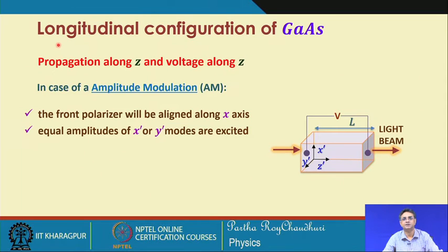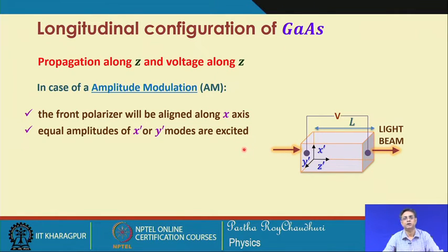So, in this case, we consider this setup now. As we will remember, for amplitude modulation, you have to set the polarization halfway between the new principal axis system, that is x dash and y dash.